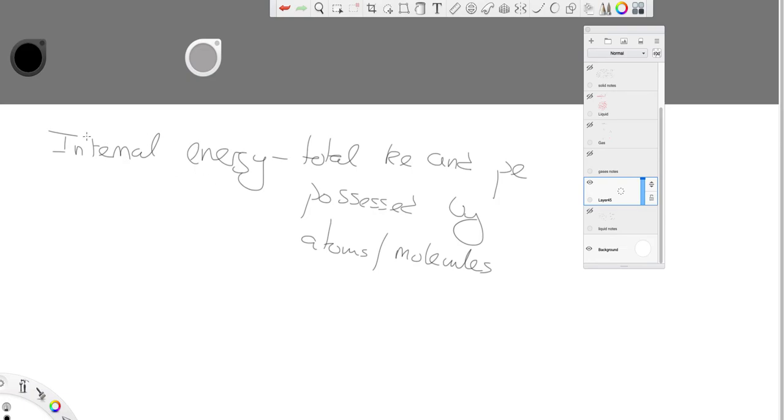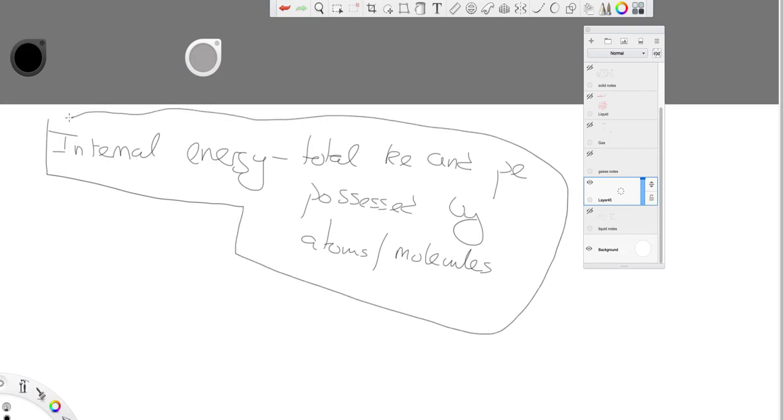One of the things we're saying with this, you'll have to be able to quote that. You might be asked, what is internal energy? You have to be able to say. But you can add thermal energy.